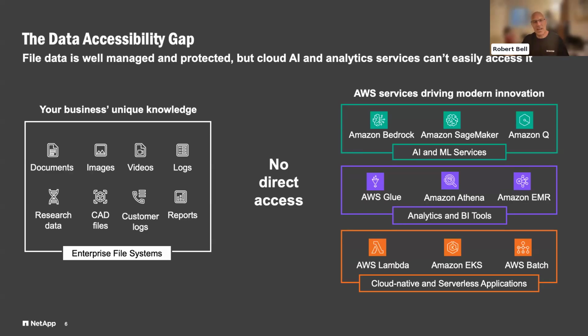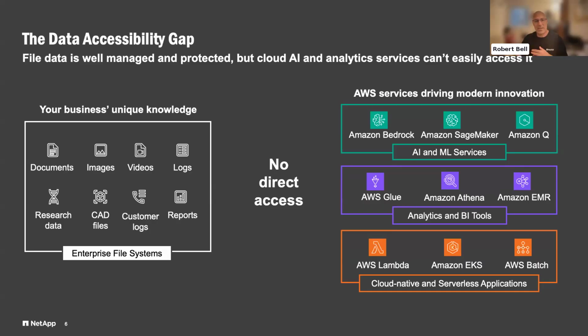So I think this has been a challenge, because when you talk about the data in the enterprise file systems, taking it out of that system and duplicating it means that you have to synchronize data, and you have to make sure that the access permissions are all in place, the security is all in place. There's a lot of overhead when it comes to that. So it might take longer or it could delay these projects.